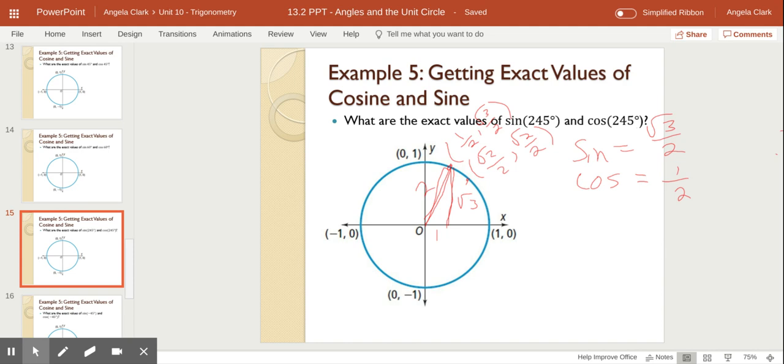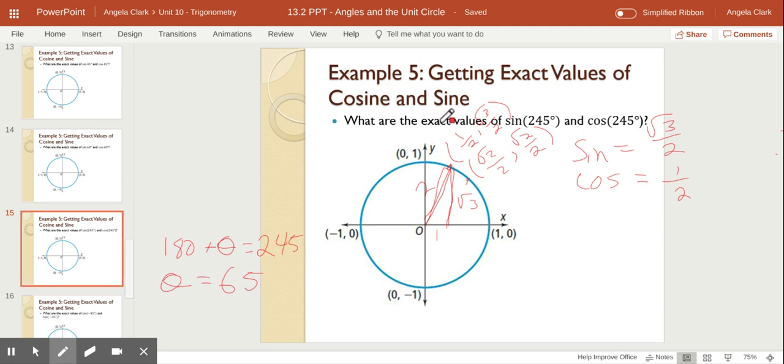So 180 plus theta, where theta is my reference angle, is 245. So theta is going to be 245 minus 180, which is 65. 65 is not a special angle.